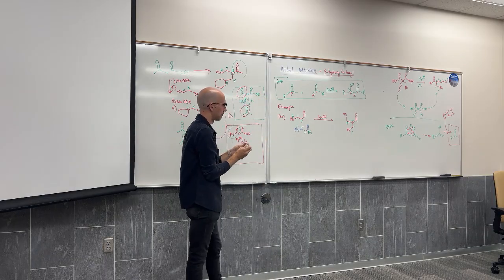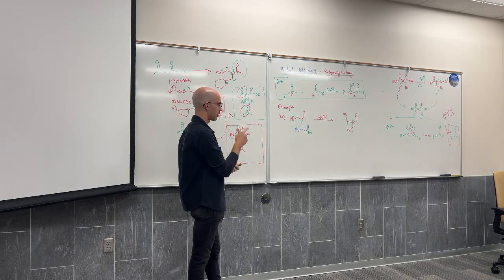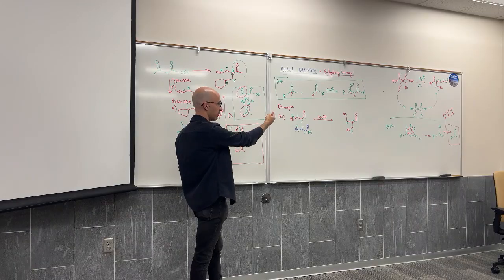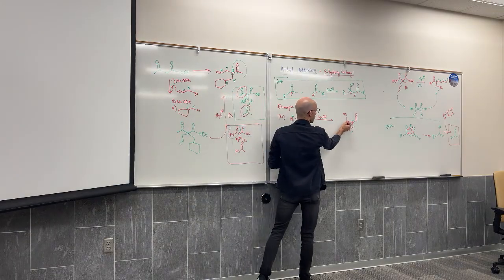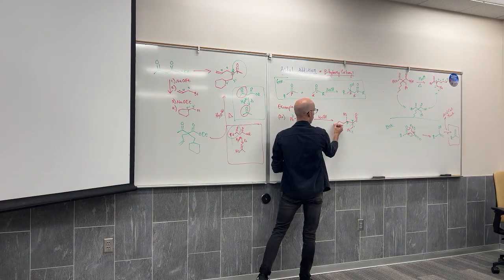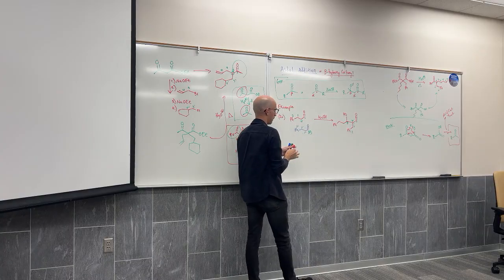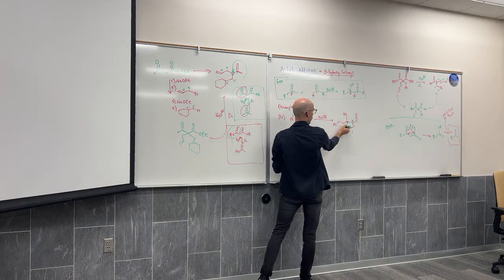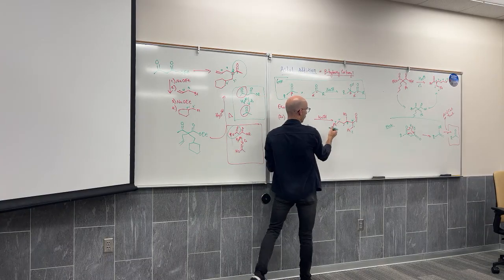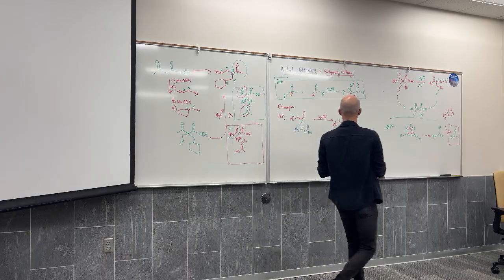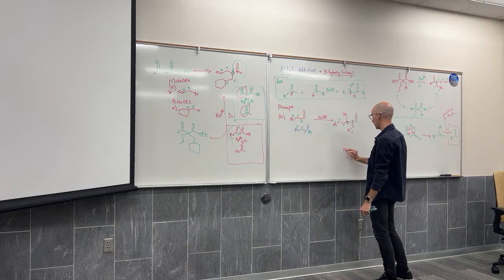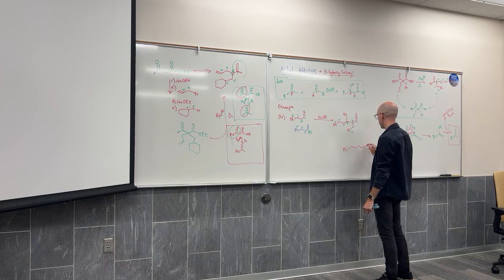I'm going to call it 1 prime, 2 prime, 3 prime. So beta goes from a carbonyl to an alcohol. Beta is attached to 1 prime, 2 prime, 3 prime. So here's the final product that I get. I'm going to just redraw it so we can see it more clearly.